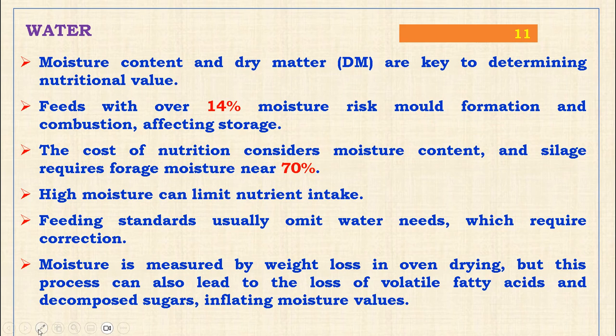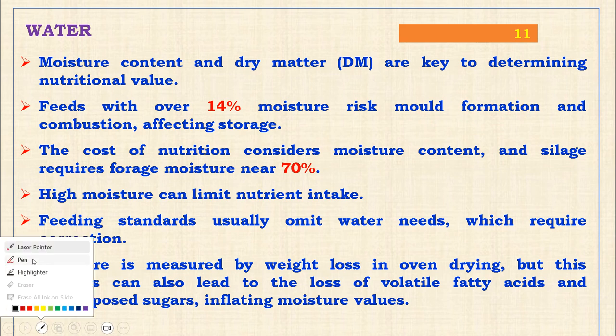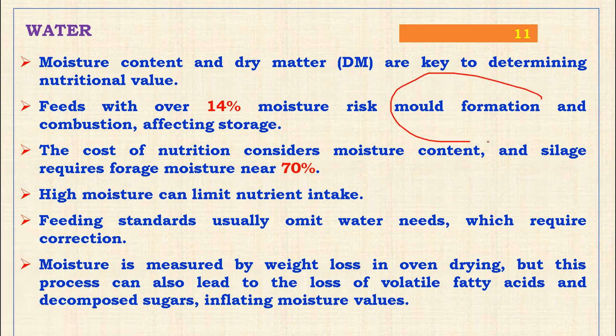So there is a chance that it forms mold or fungus. And if a fungus grows, it is going to secrete a lot of mycotoxins. Then the feed becomes very unpalatable and also toxic.